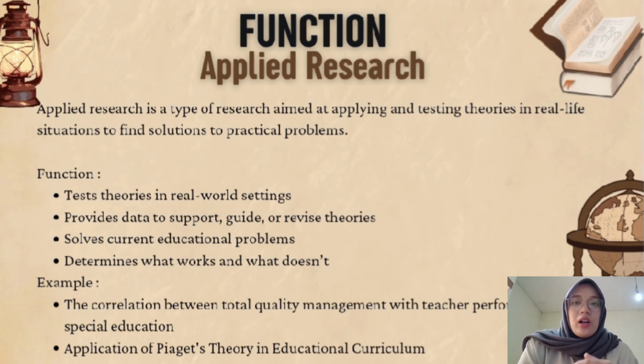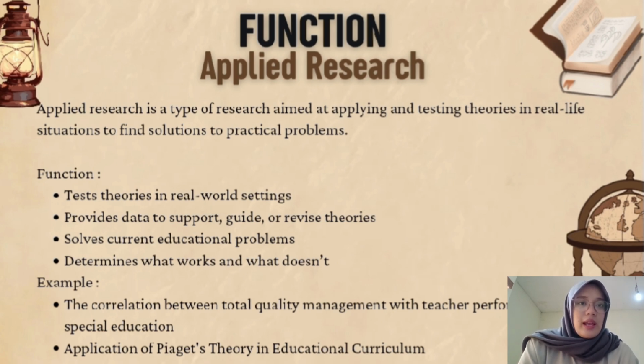So it identifies which methods or strategies are truly effective in real-world educational settings. So we can take a conclusion in here that applied research focuses on using theories to solve real-world problems, particularly in education, with the goal of improving teaching effectiveness and learning quality.